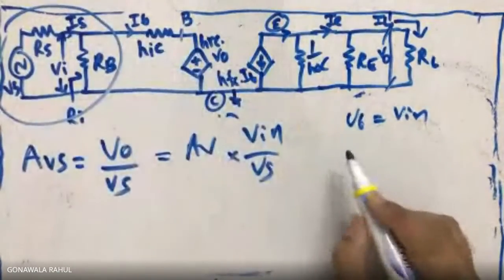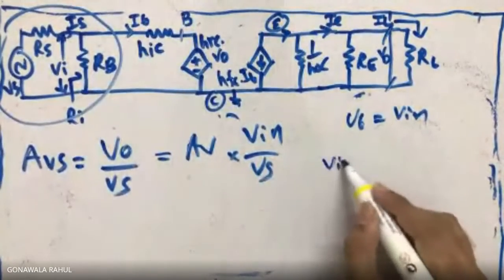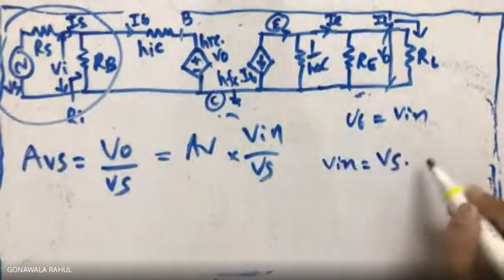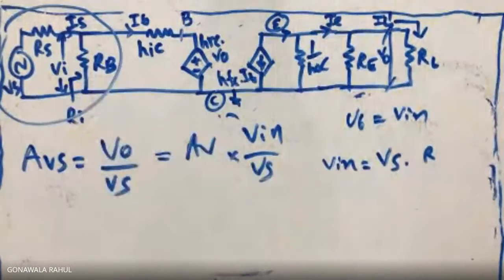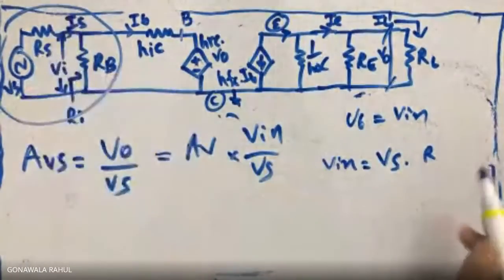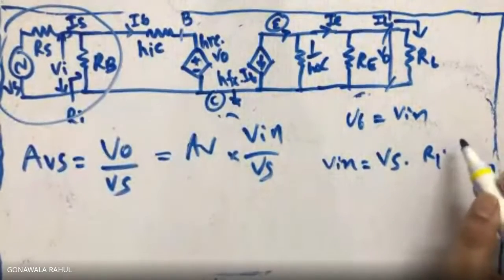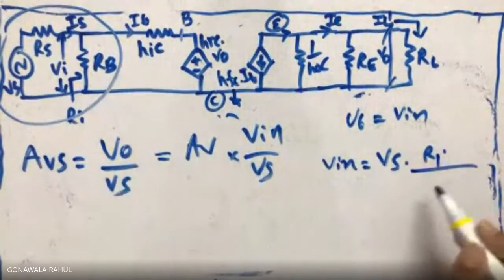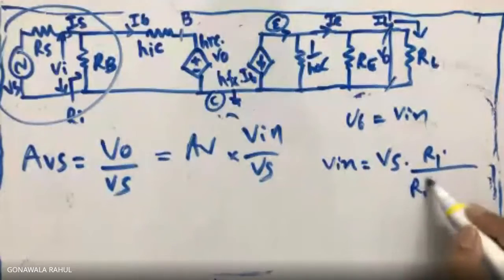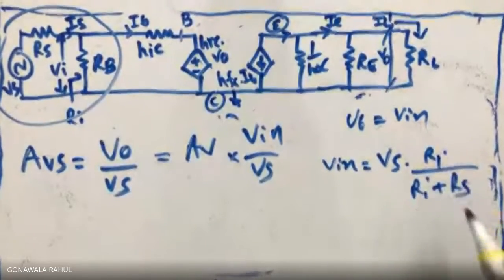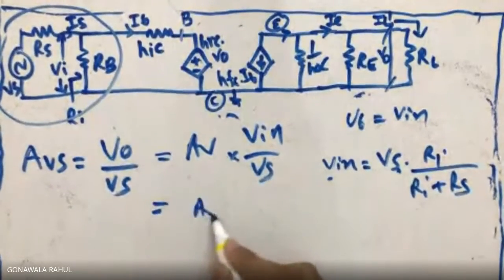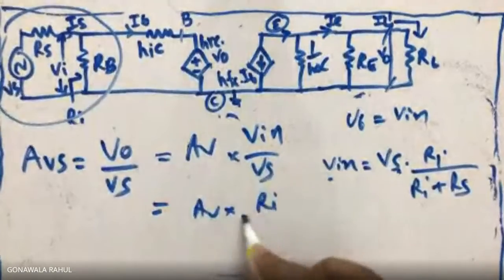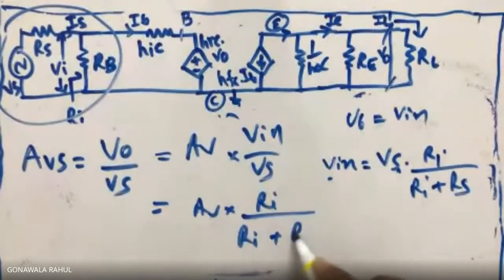From this circuit, applying the voltage divider rule, V in is equal to Vs into Ri upon Ri plus Rs. So V in by Vs is Ri upon Ri plus Rs.